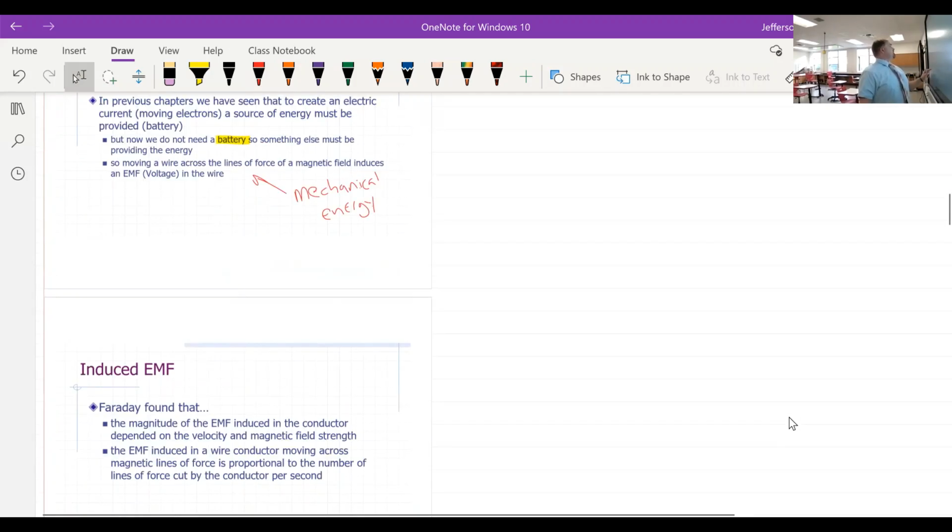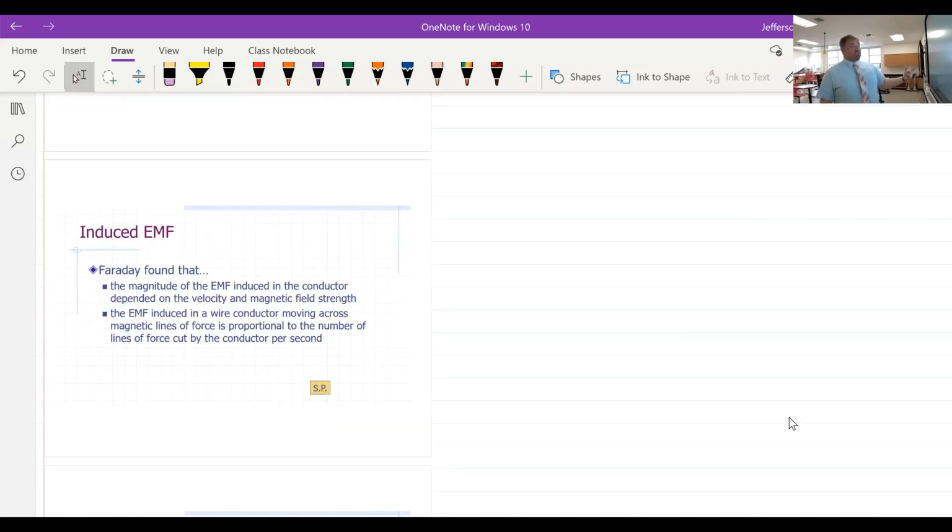Now, this induced EMF, Faraday found that the magnitude of the EMF induced in the conductor, the voltage induced in the conductor, depended upon how quickly you cut through those lines and how many lines were actually cut.